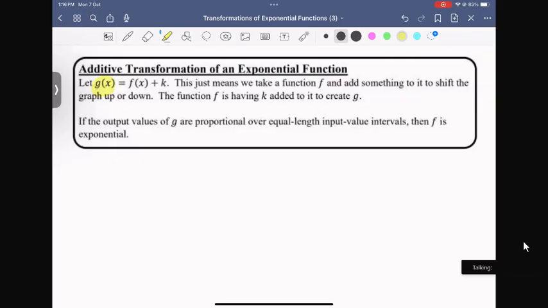It doesn't mean that f was an exponential function in the general form, because it would also be proportional, and with this additive transformation, it's not possible to create two proportional functions, f and g. Either both aren't proportional, or f is proportional and g is not, or g is proportional and f is not.